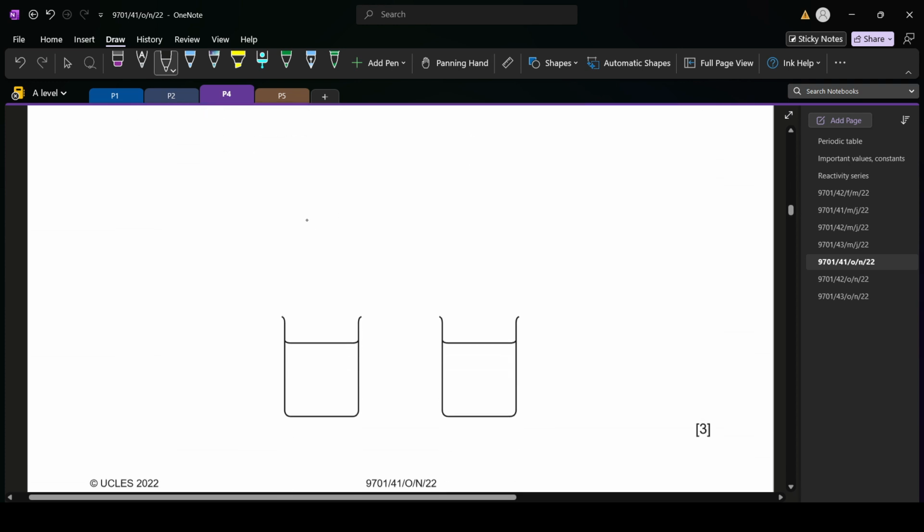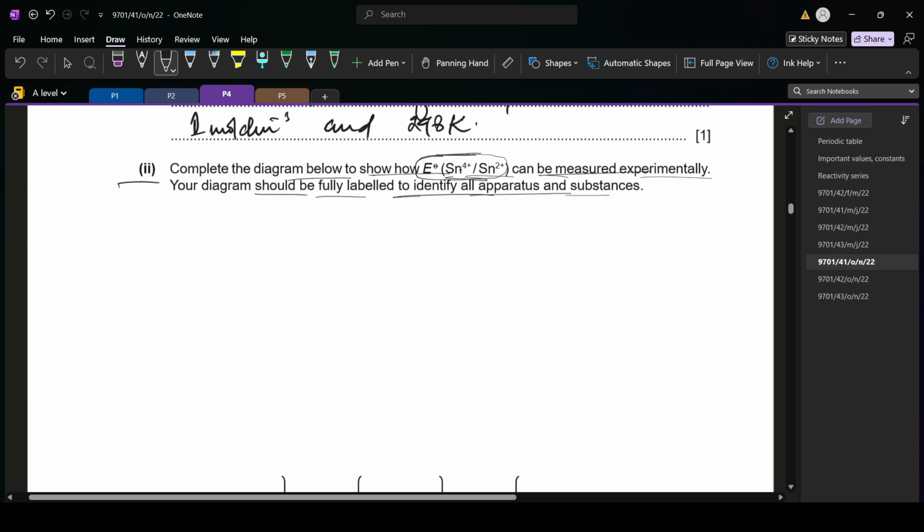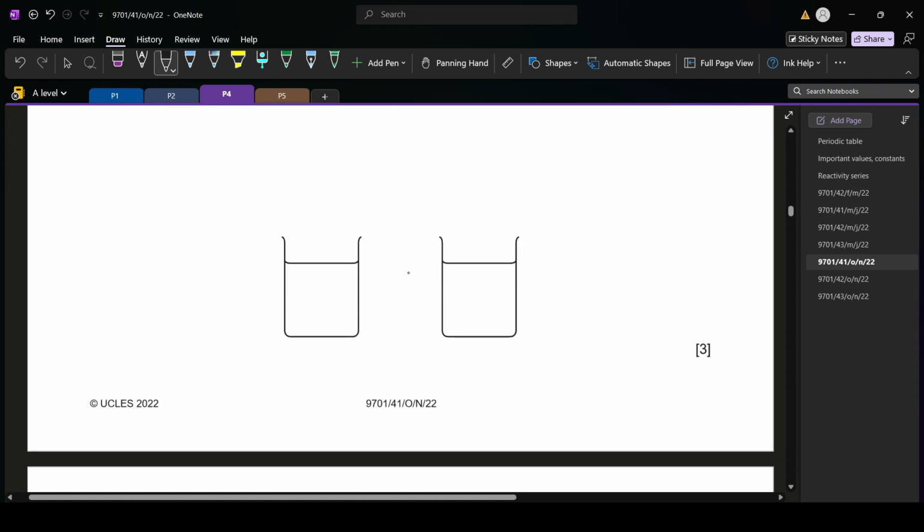You can see that there are only ions in this solution, so there will be platinum. Firstly, let's make this the half cell of tin 2 plus.